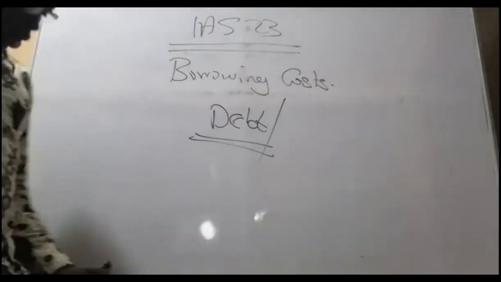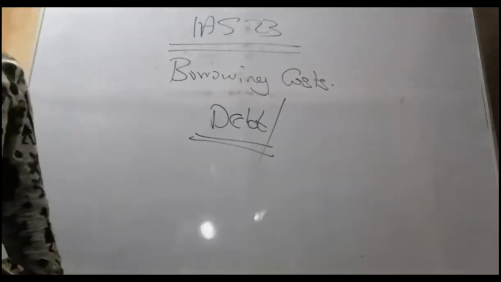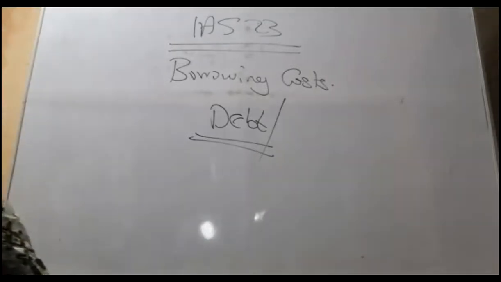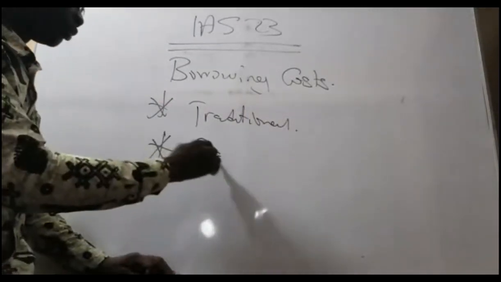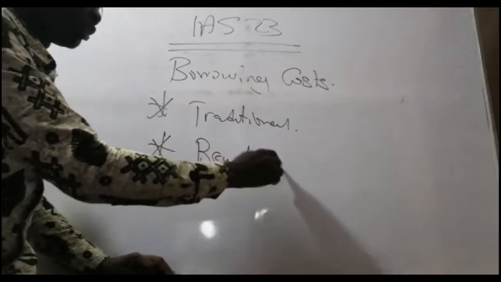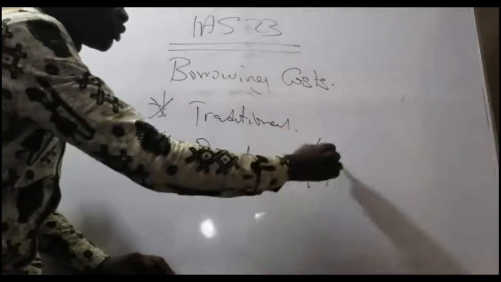Then we also talk about the accounting treatment of the borrowing cost. That's recognition. How do you treat borrowing costs in a question? We also said that there are two treatments: the old treatment and the new, right? That's the traditional treatment and the benchmark or allowed.